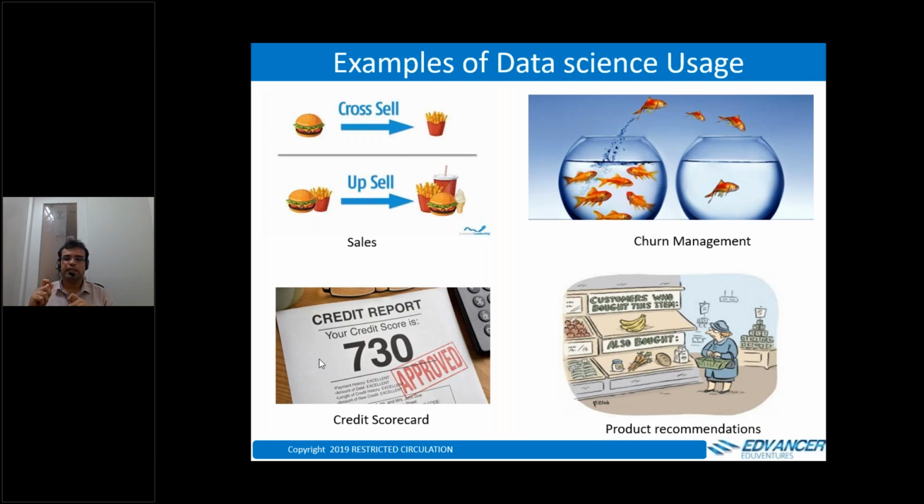Based on machine learning, this system is actually collecting all the data points about what you are doing on that site, what other people like you have done on the site, what people like you have purchased in the past, what you have purchased in the past, what people have purchased after seeing this product, what people have purchased after buying this product.